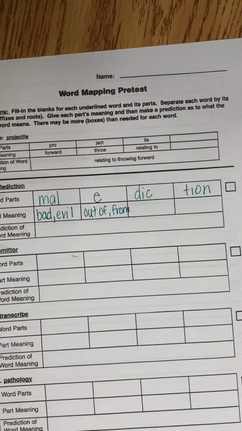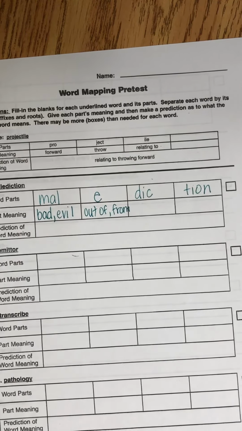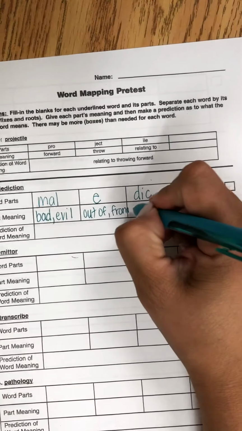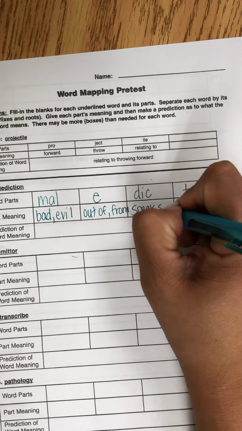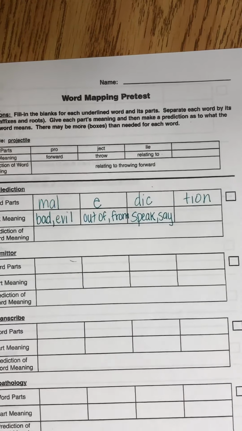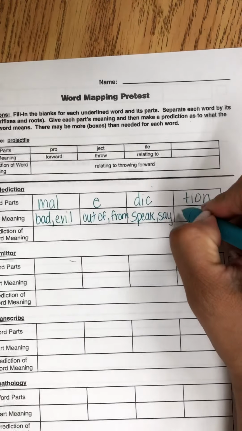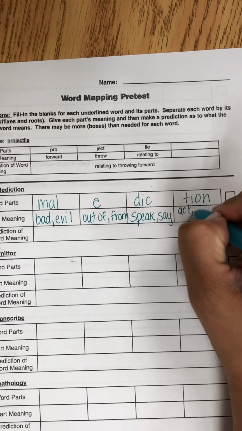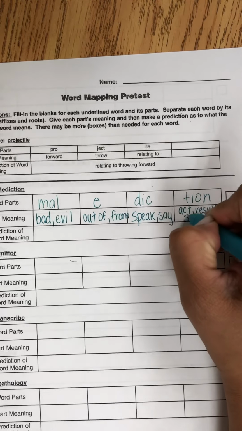Then I'm going to look up the root word DIC, and it means speak or say. And then I'm gonna look up our suffix TION, which means act, result, or state of.